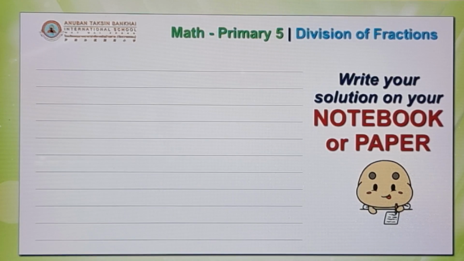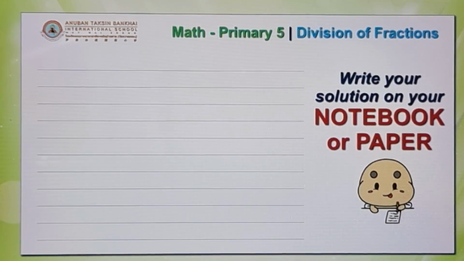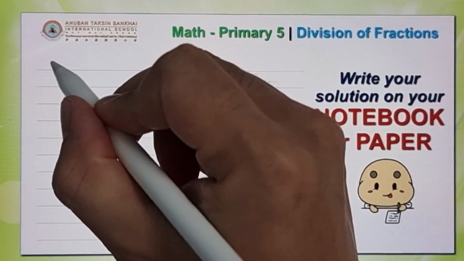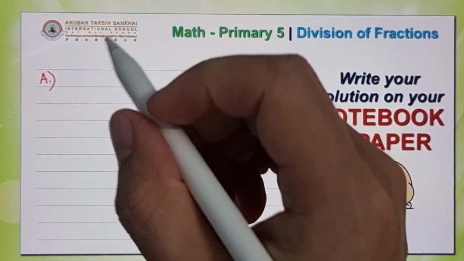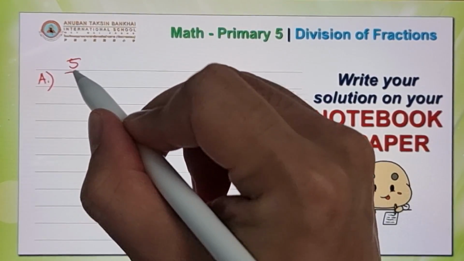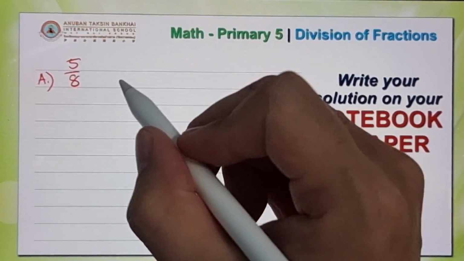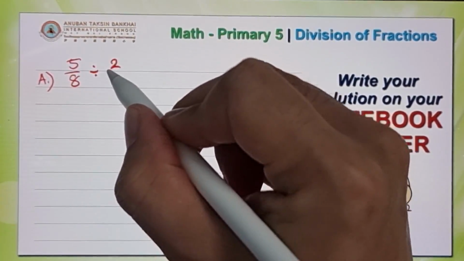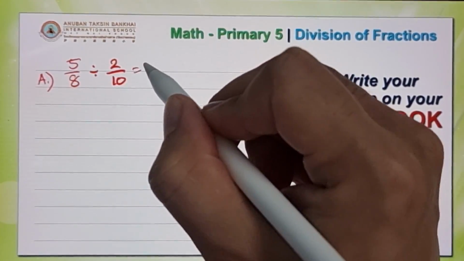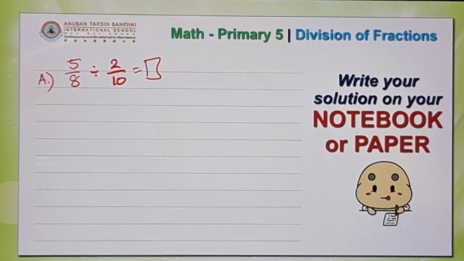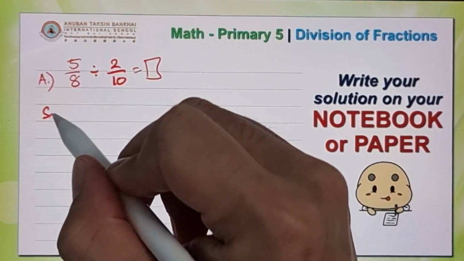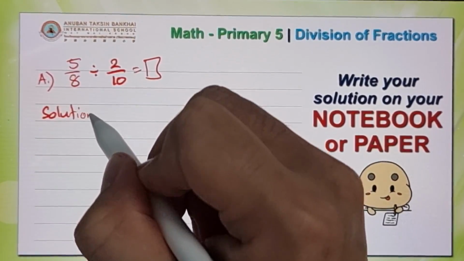Now let's again show our solution to letter A so that you will have a guide on how to answer. We have letter A, 5 over 8 divided by 2 over 10 is equal to blank. So let's show our solution.